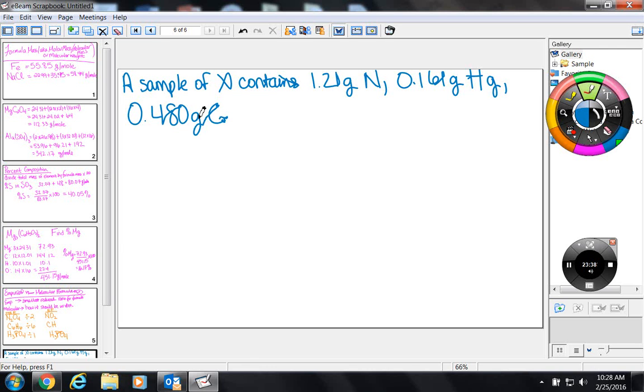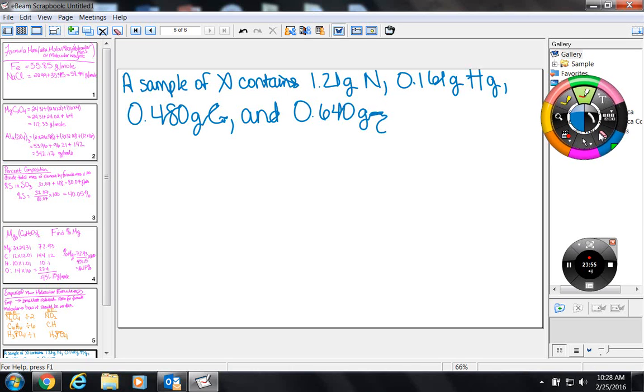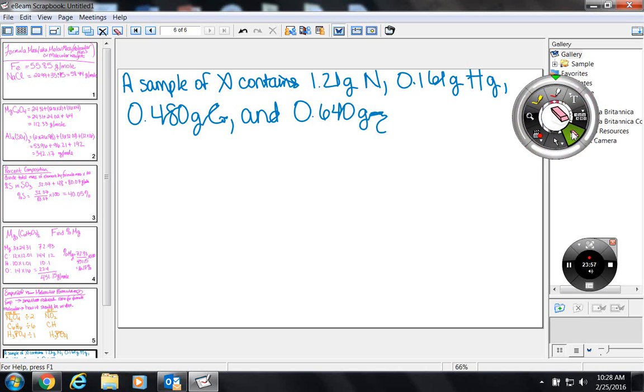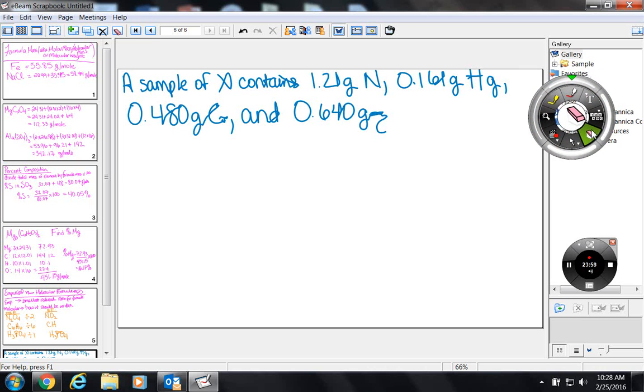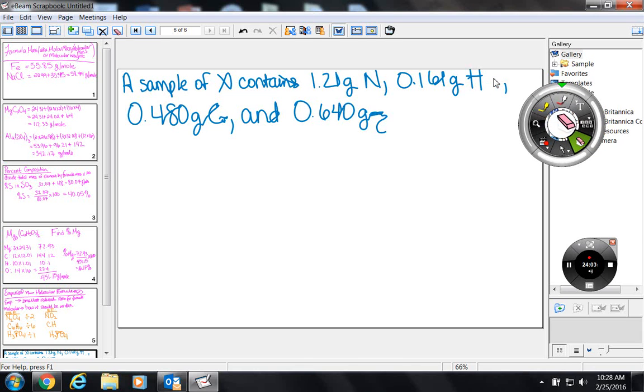Grams of carbon. No, not mercury. Should be put grams twice.